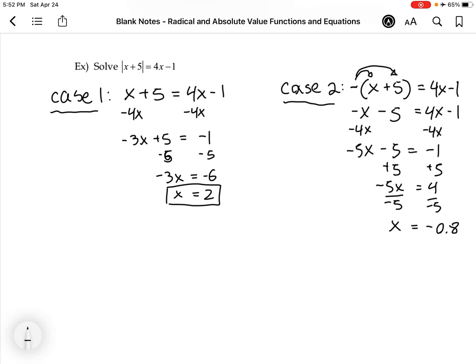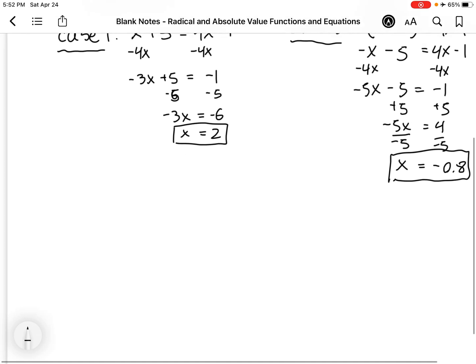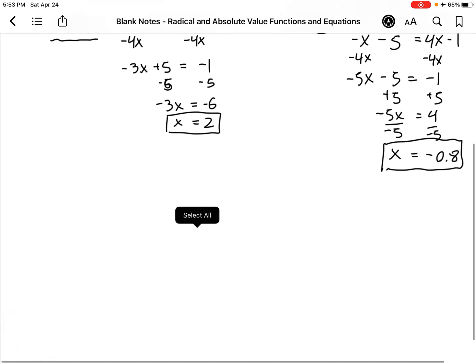I'm going to put it as a decimal actually, because that's going to help me when I verify. Okay, so these are my two solutions so far, but I still need to verify them. Okay, so verify.